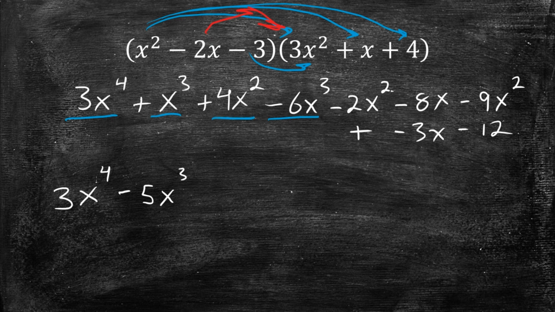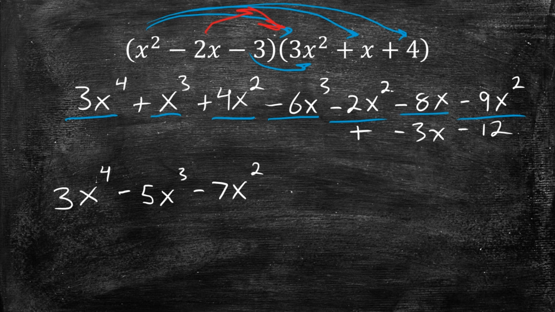Now let's look at our x squared terms. We have 4x squared, negative 2x squared, and negative 9x squared. So let's go ahead and add those together. 4x squared minus 2x squared is 2x squared, minus 9x squared is negative 7x squared. Now let's look at our x terms.